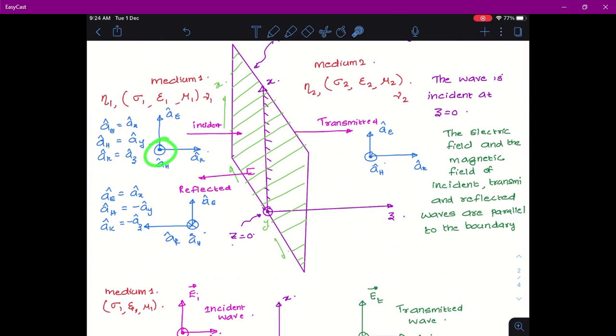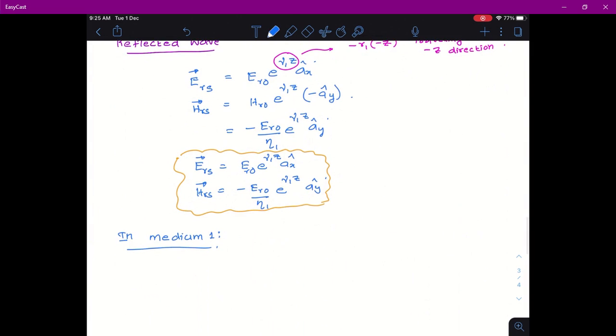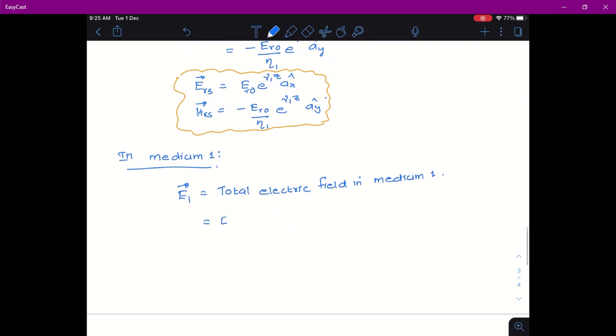Similarly, the total magnetic field is because of the incident wave and the reflected wave, and since both are parallel to the boundary, I can write E1, which is equal to the total electric field in medium 1, is equal to EI plus ER.